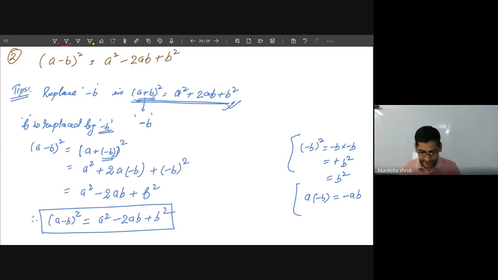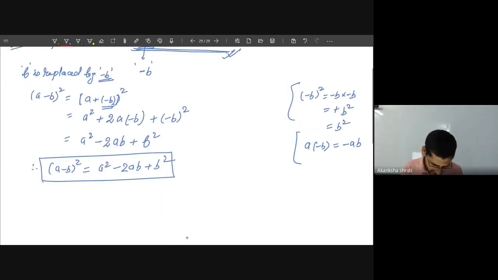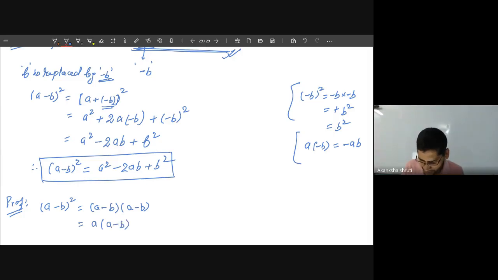Now, how are these two identities used? Students, you can also prove it. If you want to prove it, you can take (a minus b) square as (a minus b) into another (a minus b). Now taking this a, go for the distributive property: a minus b, then again a minus b.